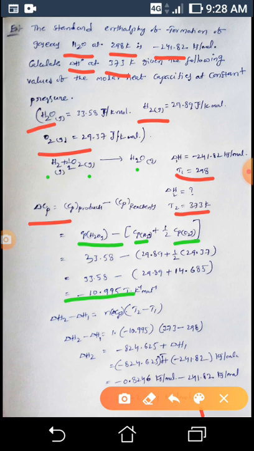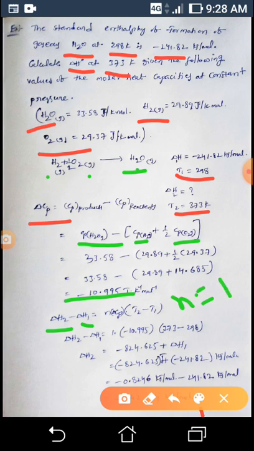Then substitute the values in the equation: ΔH2 minus ΔH1 equals n into ΔCp into (T2 minus T1) for n moles of gas. Here only 1 mole of water is formed, that is n equals 1 mole.